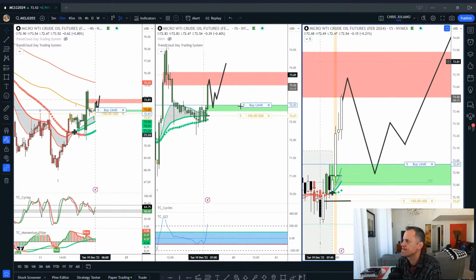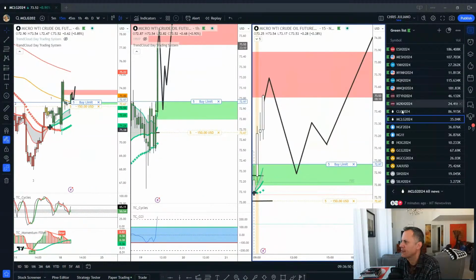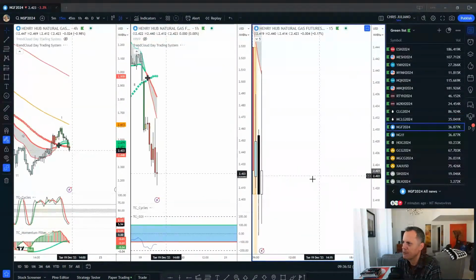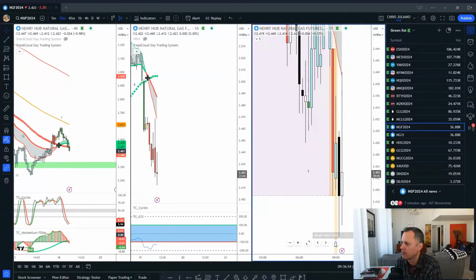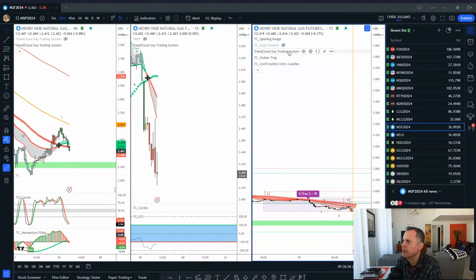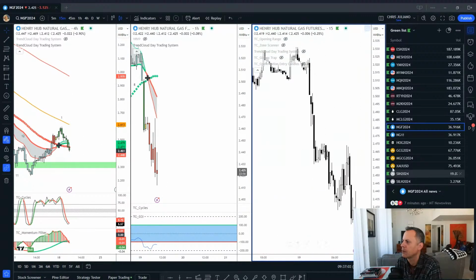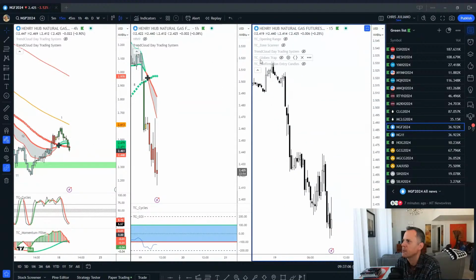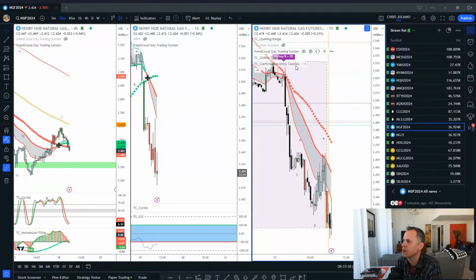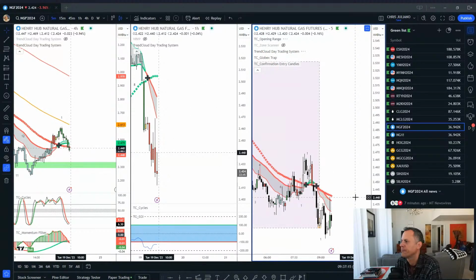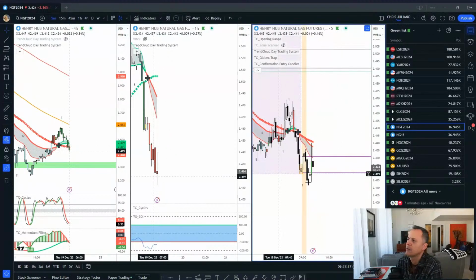Gold and natural gas. Let's recalculate that chart. Now let's put everything on there. Let's do it all. 5-minute. Okay. Natural gas.